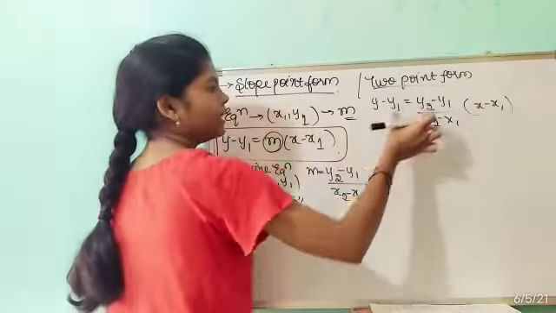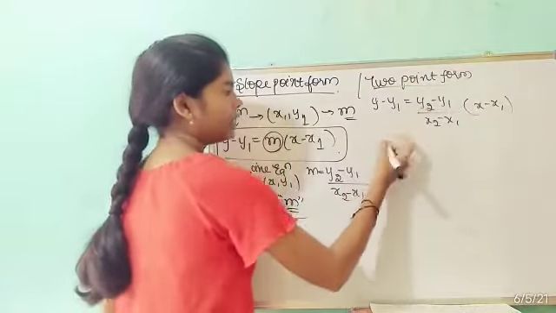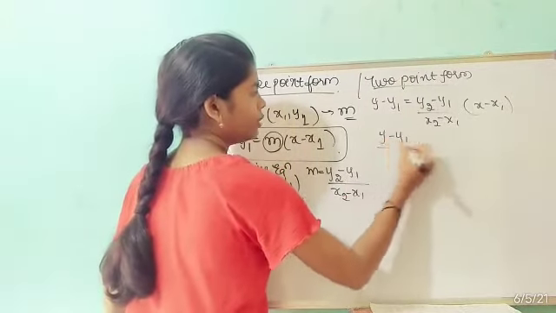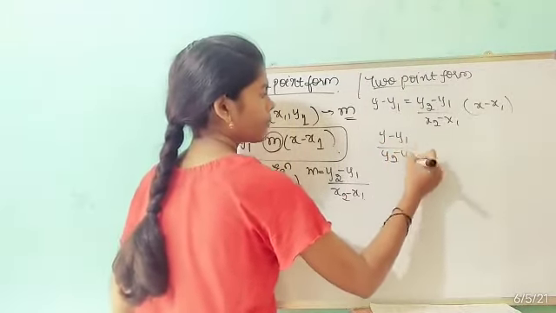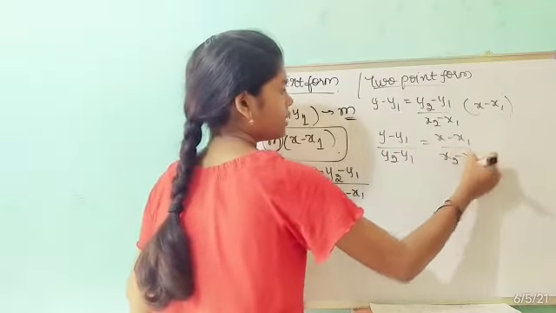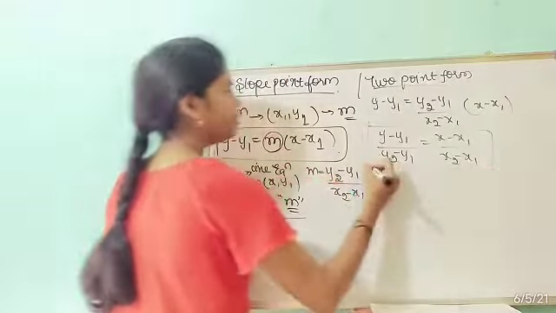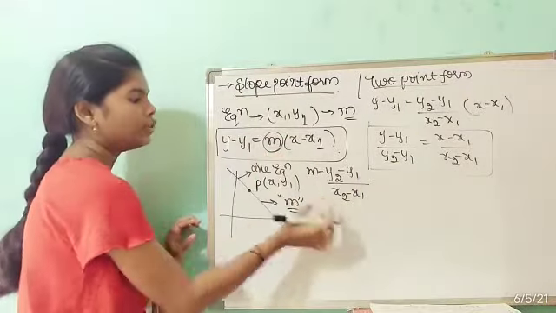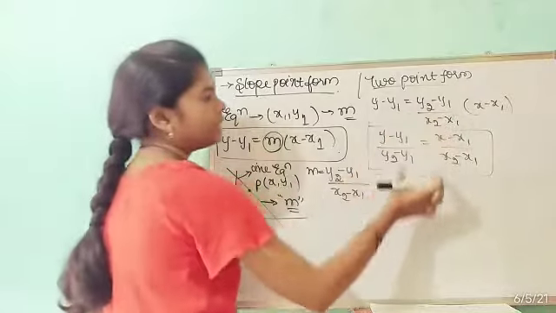Bring this y2 minus y1 term to the left hand side. You will get this, which is simply known as the 2-point form. Just substitute the slope m, then you will get the 2-point form.